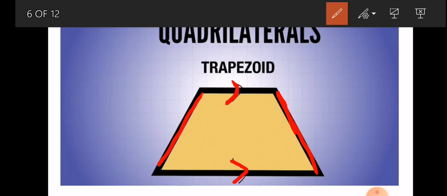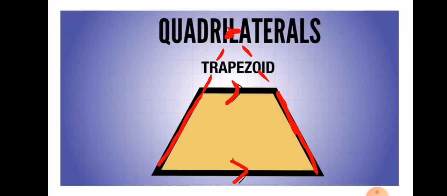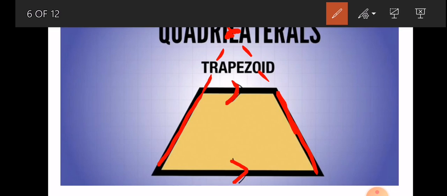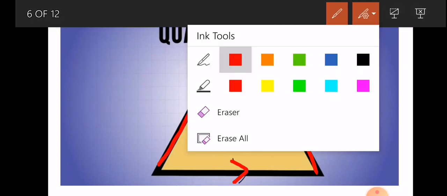Why are they not parallel? If you extend them, they will meet and intersect in a point. So the trapezoid has just one pair of parallel lines, and the other two sides are not parallel to each other. Do I have right angles here? No, I don't have a right angle.